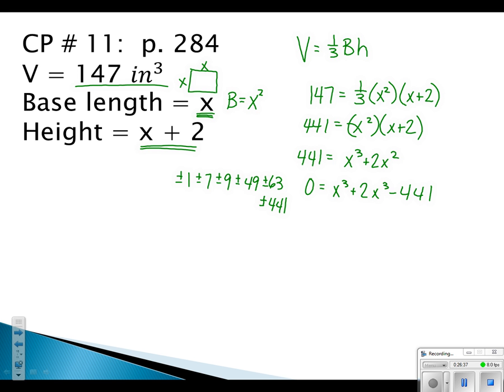Okay, so to make a little bit shorter time of this, the 1 and the negative 1 didn't work. Okay, so I went on to my 7. In checking 7 through my synthetic division, don't forget to put your 0 in here. There was no regular x term in this problem. Don't leave that out. That'll mess you up.